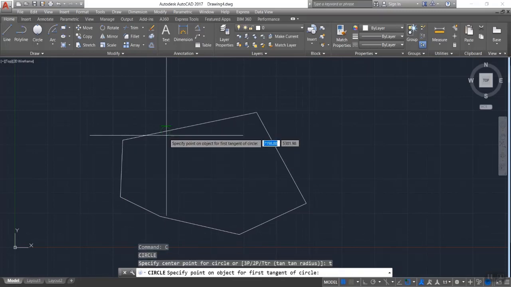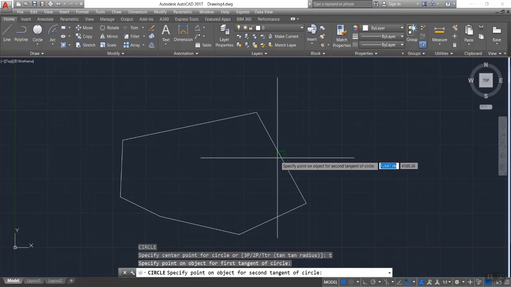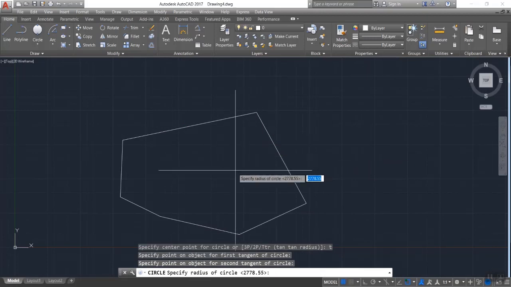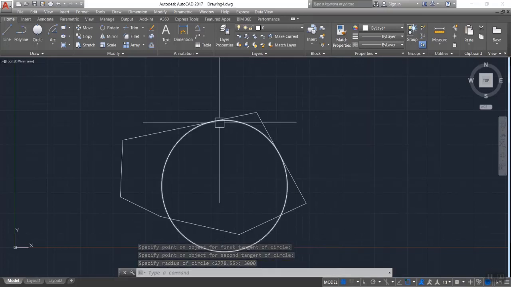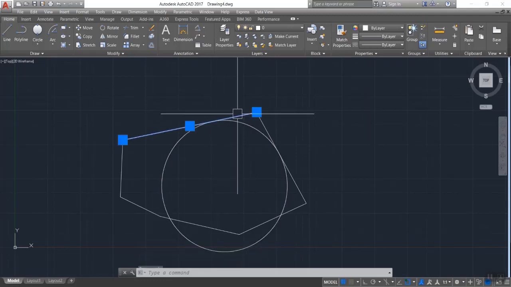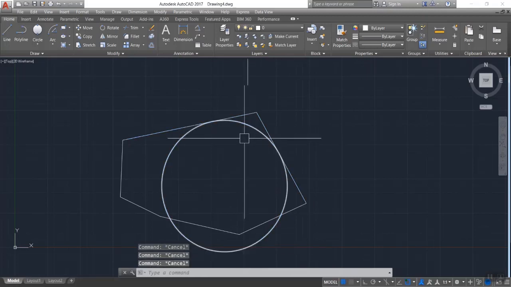The first tangent I am mentioning this, and then second tangent I am mentioning this, and then I need to put a radius. Let's see, I need a radius of 3000. Now you can see the circle's first tangent is touching this line, the second tangent is touching this line, and it has a radius of 3000, right? We gave, yes.